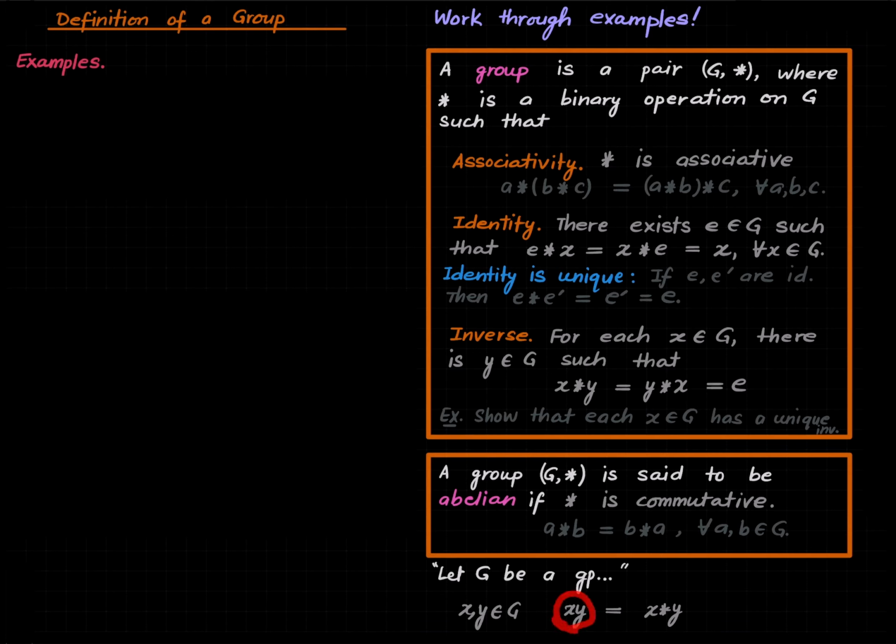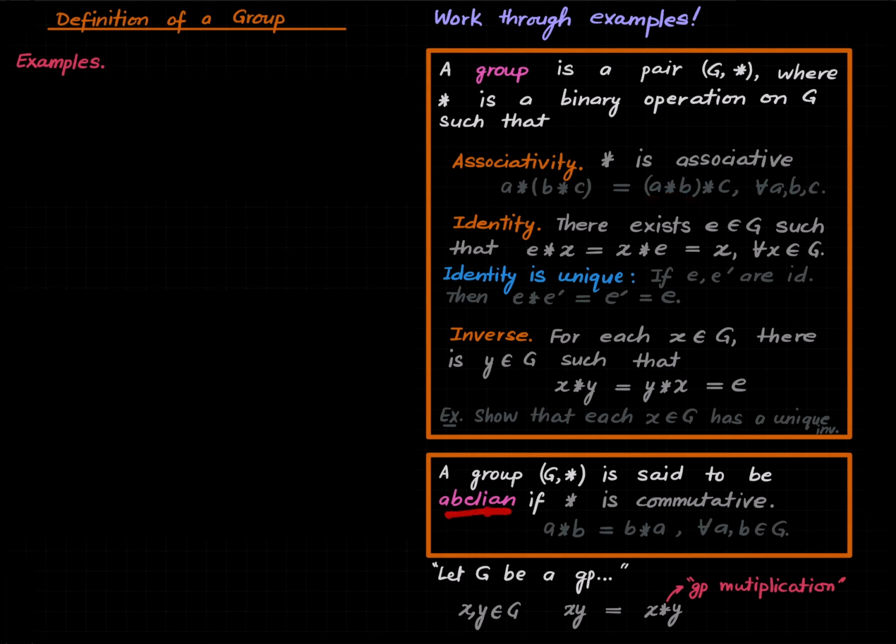So this is the notation that we will use, and in fact, the star will be referred to as group multiplication most of the times. It's a binary operation, but it is natural to call it multiplication because we are notating it as such. The notation here is very similar to that of multiplication.